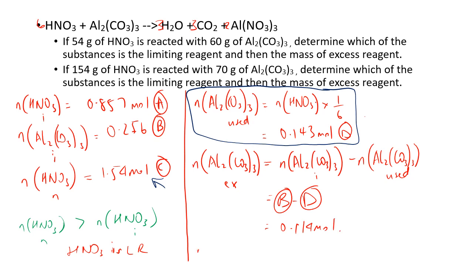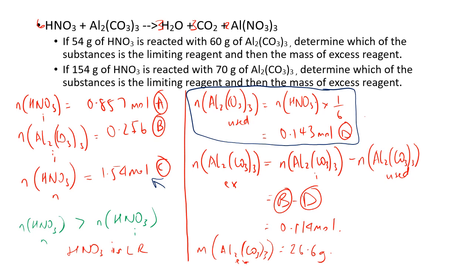And if that's that, then we can work out the mass of the Al2(CO3)3 excess, which will be that value times 233.99, which is 26.6 grams. Okay.